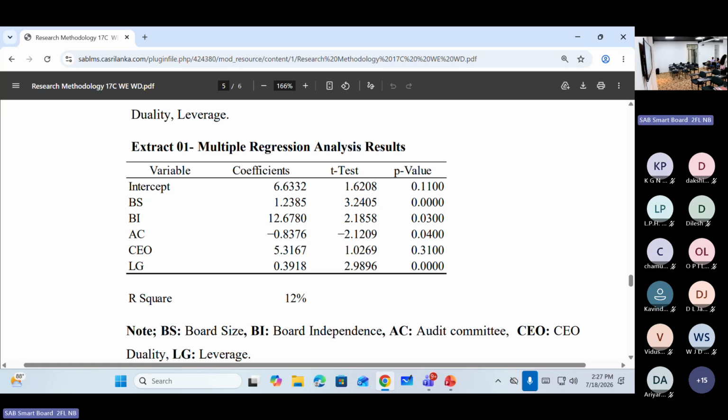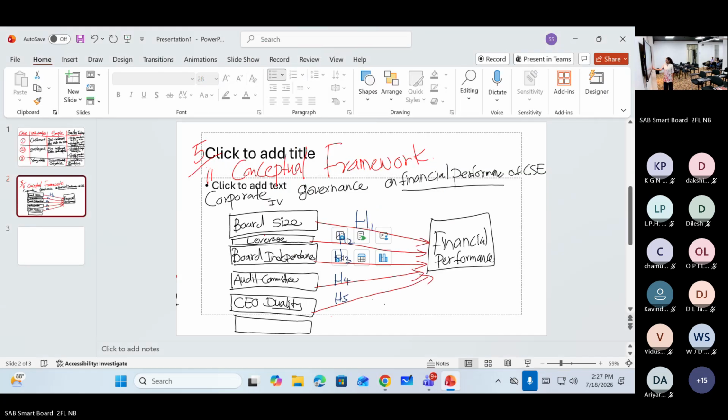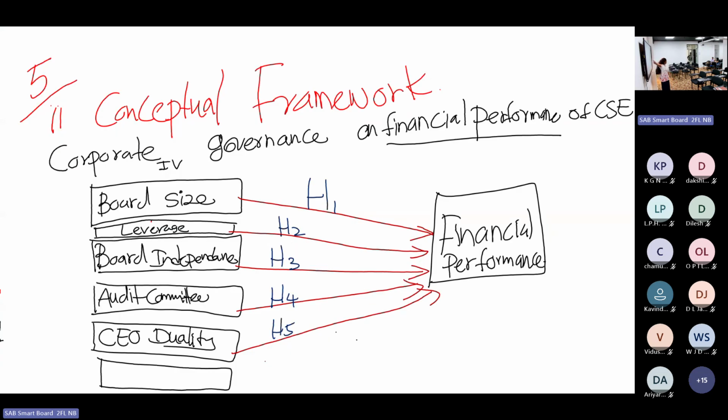There is a significant impact of board size on financial performance of listed companies.